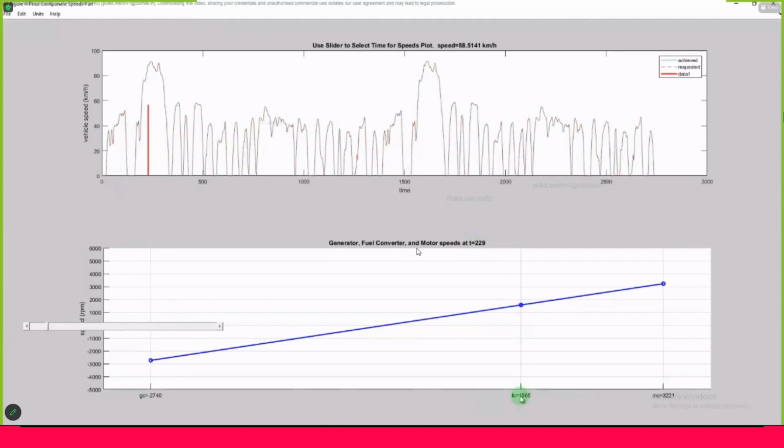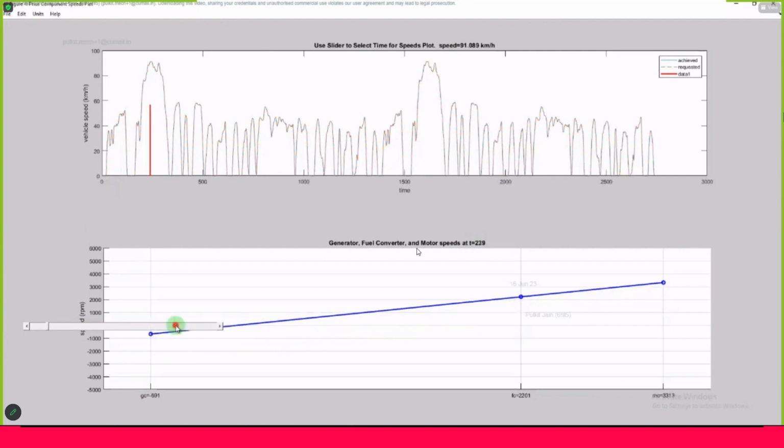The engine is running at approximately 1500 RPM, and the motor controller is at 3200, running in both directions. The Toyota Prius is an arrangement where a machine acting as a generator attains both positive and negative speeds. This is an interesting case with the Toyota Prius.